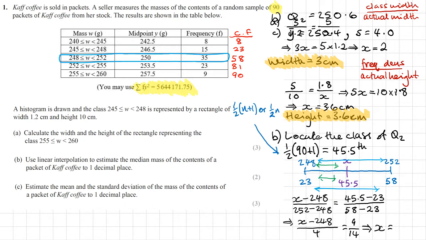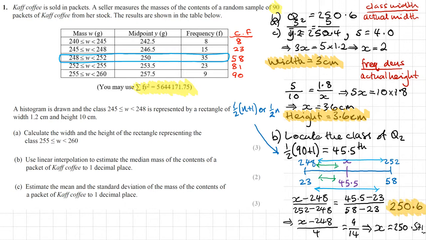Let's see what we get. I'll take that 9 over 14, times it by 4, add 248, and I get 250.571, and so on. It says we need to give it to one decimal place, so it's going to be 250.6.